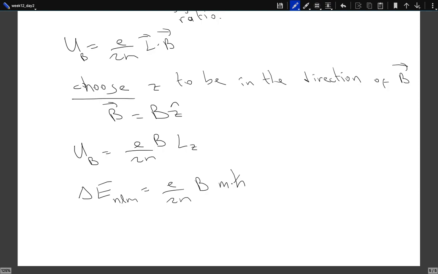But if I put it in a magnetic field, now the energy acquired a term which is proportional to M. Let me write this in this form, mu B times B times M. This is called the Bohr magneton.